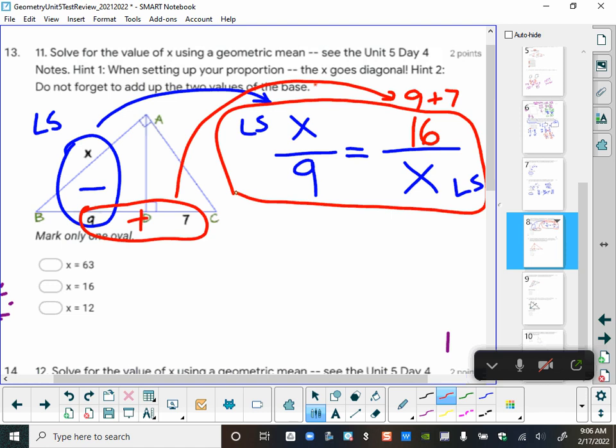Sorry about that. Now, are we at a point where we can solve for this proportion? Right, I want you all to try it. Solve for this proportion. Give it a second. Let's try to solve for this proportion.